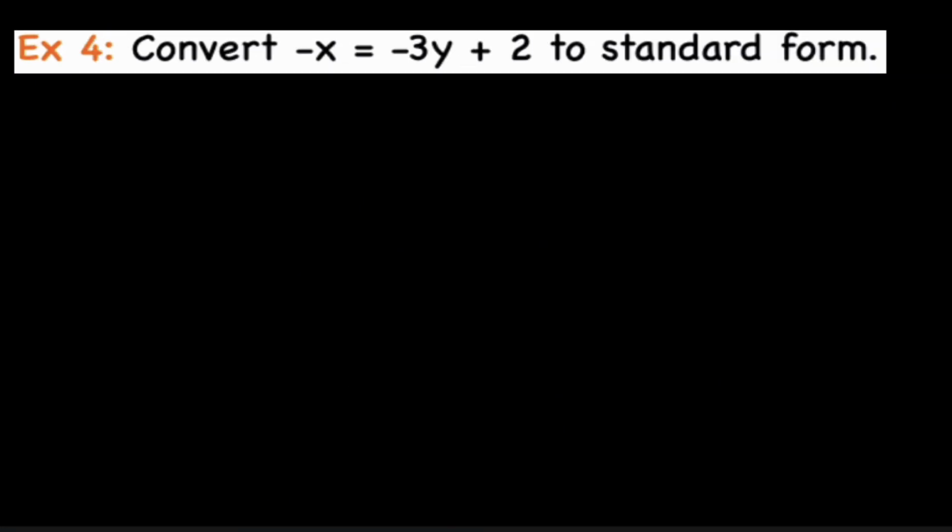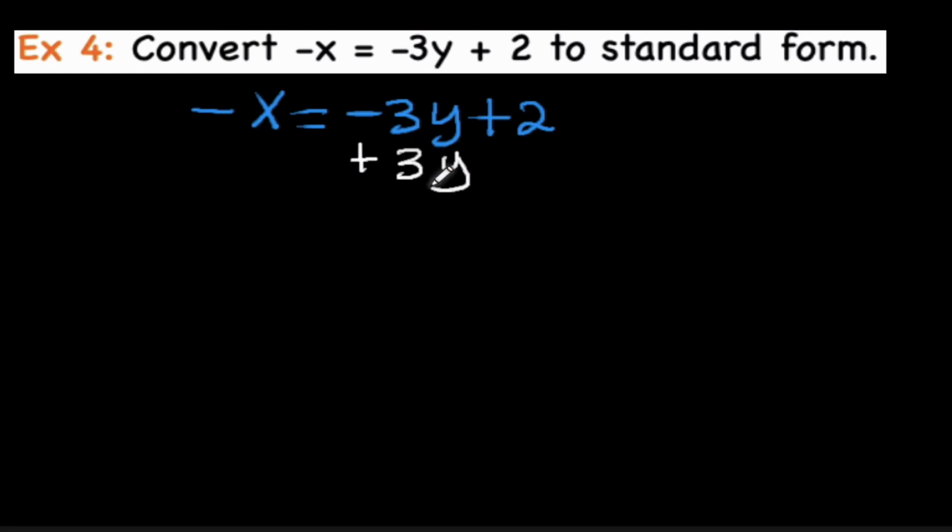Convert negative x equals negative 3y plus 2 to standard form. So negative x equals negative 3y plus 2. We're going to add 3y to both sides.